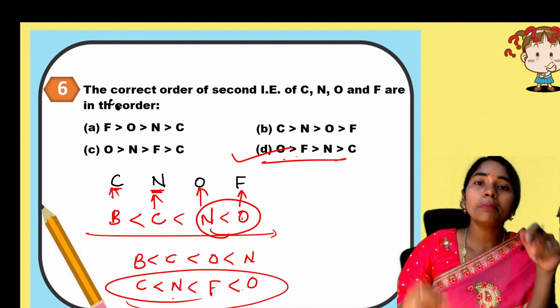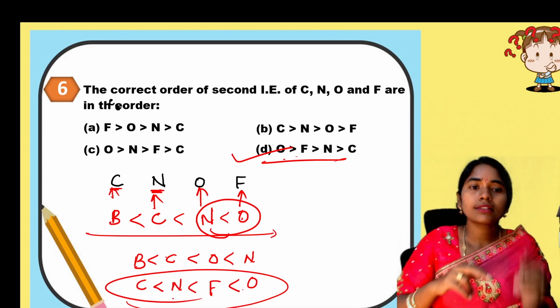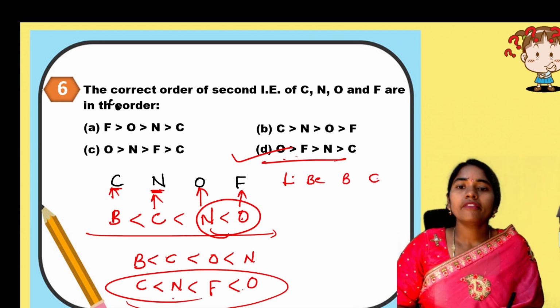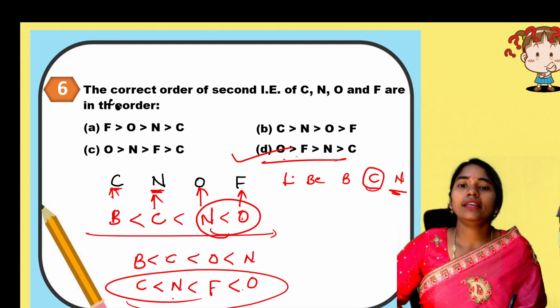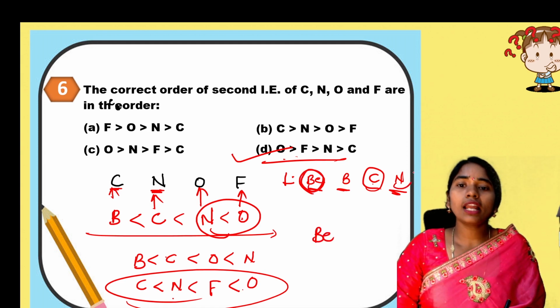Suppose they're asking IE3, then you go 2 elements back: beryllium, boron, carbon. For example, they're asking carbon IE3 versus nitrogen IE3. Carbon IE3 means, IE2 is this one, IE3 is this one, so take beryllium. Nitrogen IE3 means you take the second element before nitrogen, boron.